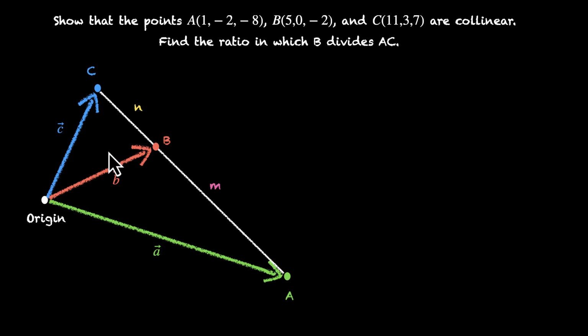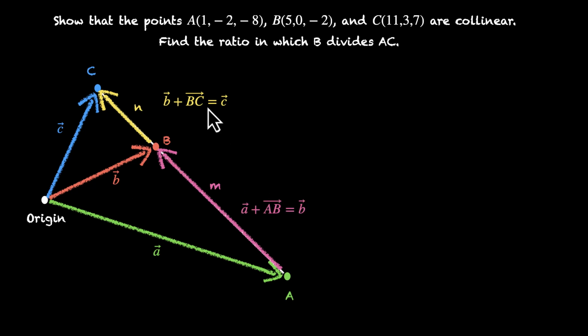So in this triangle, we have 2 ways to reach C. We can either go directly or we can go through B. So we can say that B vector plus BC vector is equal to C vector. And in this other triangle, we have 2 ways to reach B. We can directly reach B or we can go through A. So A vector plus AB vector is equal to B vector.